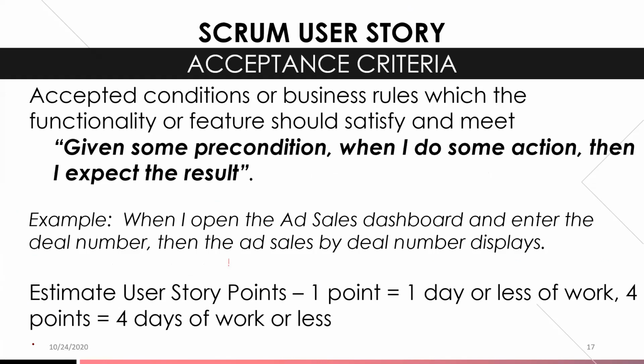Given some precondition, when I do some action, then I expect the result. In relationship to the previous user story, the acceptance criteria would be written as, when I open the ad sales dashboard and enter the deal number, then the ad sales by deal number displays.